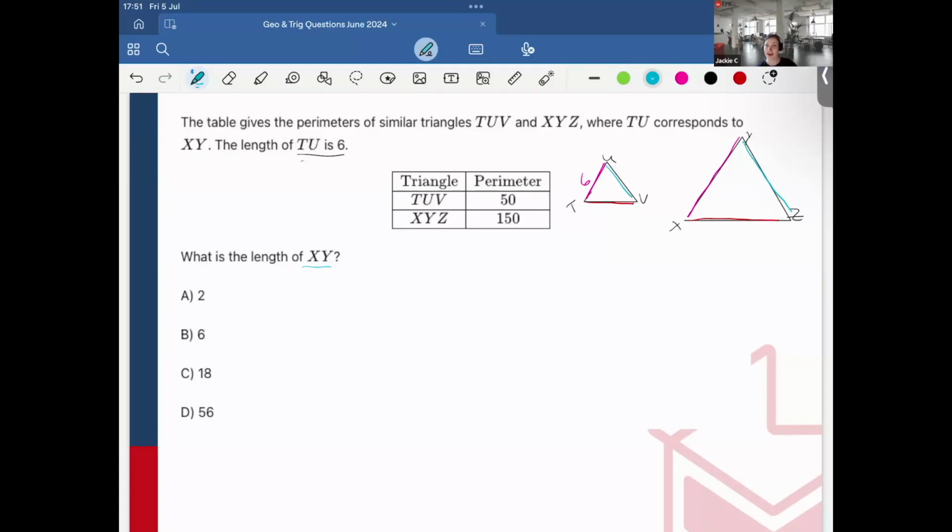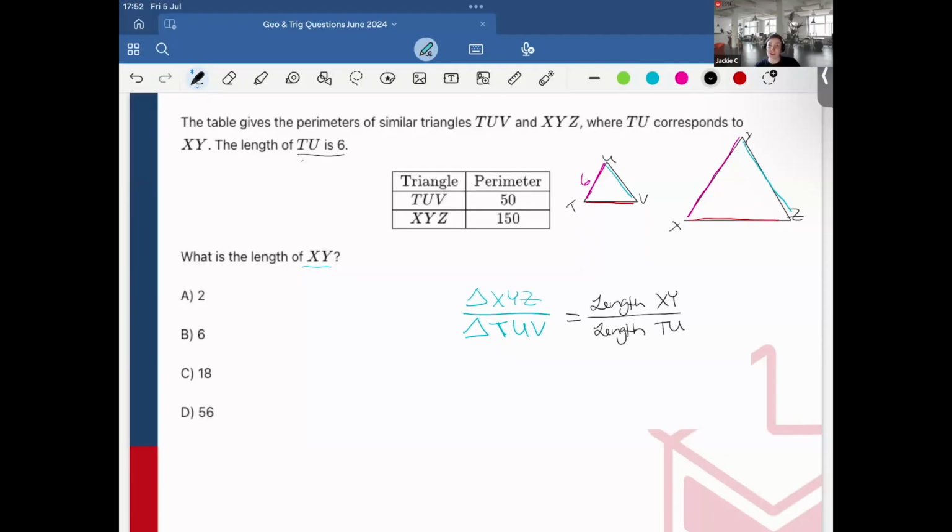Okay, so similar triangles, the ratio of the perimeters of the triangles is equal to the ratio of the corresponding sides. Important, take note of that. So therefore I can just set, for example, triangle XYZ over triangle TUV equal to length XY over the length of TU, which was given.